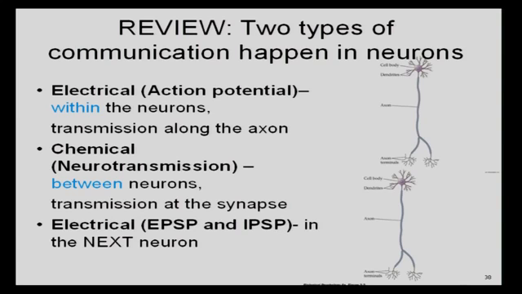And then the action potential, originating right here in the axon hillock, coming all the way down to the axon terminal. At the axon terminal, we turn to chemical neurotransmission, neurotransmitters floating across that very, very thin synaptic cleft and activating receptors on the postsynaptic side that can either be excitatory, causing EPSPs, or inhibitory, causing IPSPs, and then we start the process all over again because we're at the level of integration again.